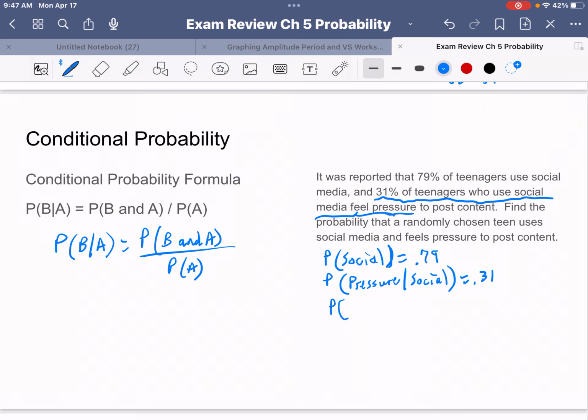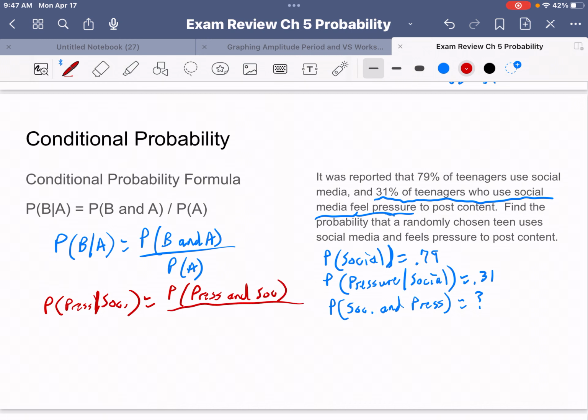What is the probability that a randomly selected person uses social and feels pressure? Well, the probability of social and pressure is equal to what? So then, using my conditional formula, the probability of pressure given social is equal to the probability of pressure and social divided by the probability of social.